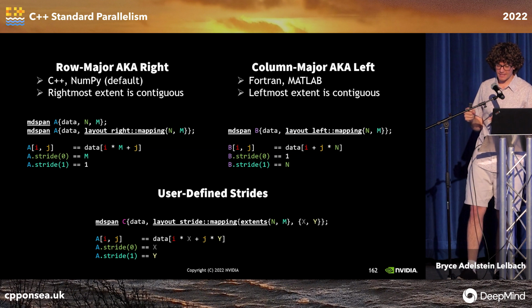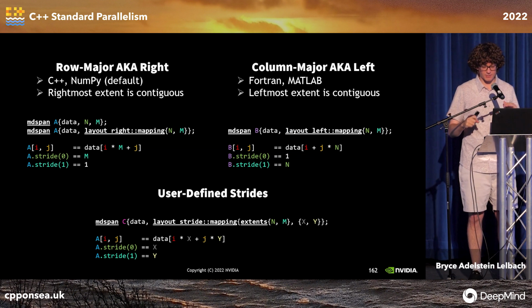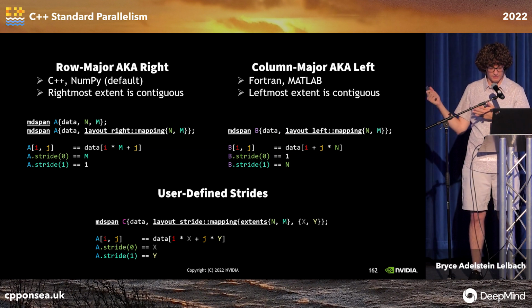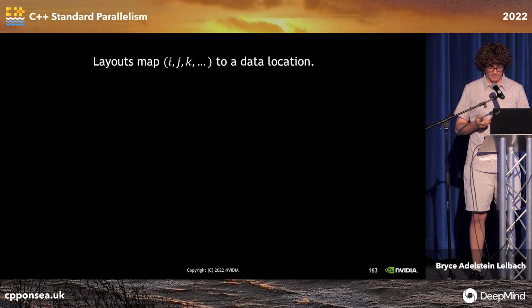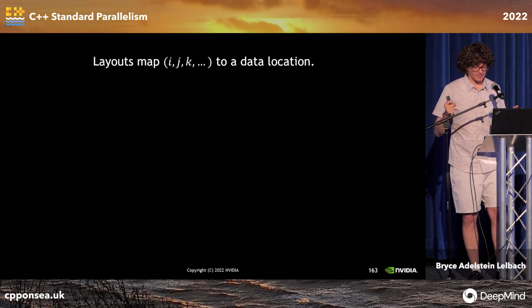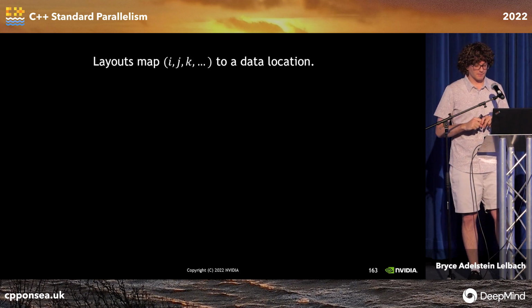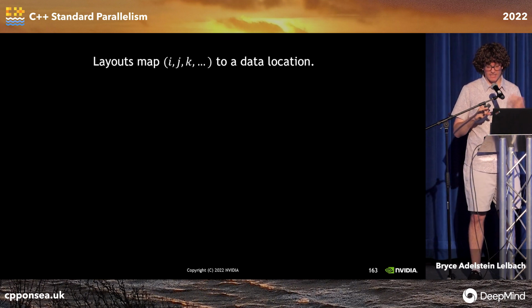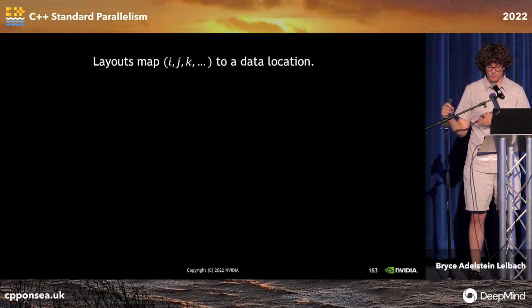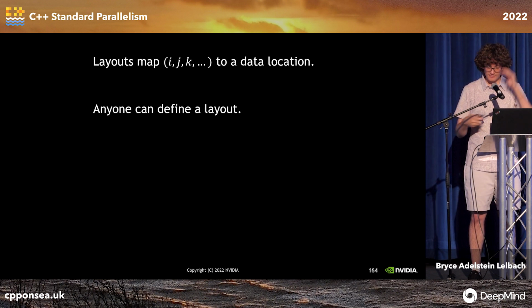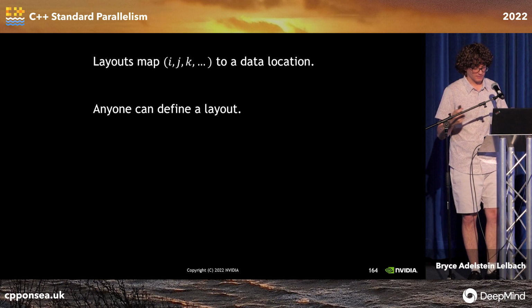There's also a standard layout that allows you to explicitly specify the strides for each extent. That's called layout stride. All three of the concrete layouts in the standard library are just implementations of a layout concept. Generically, a layout is just something that maps a multidimensional index to a data location. Anyone can define a layout.